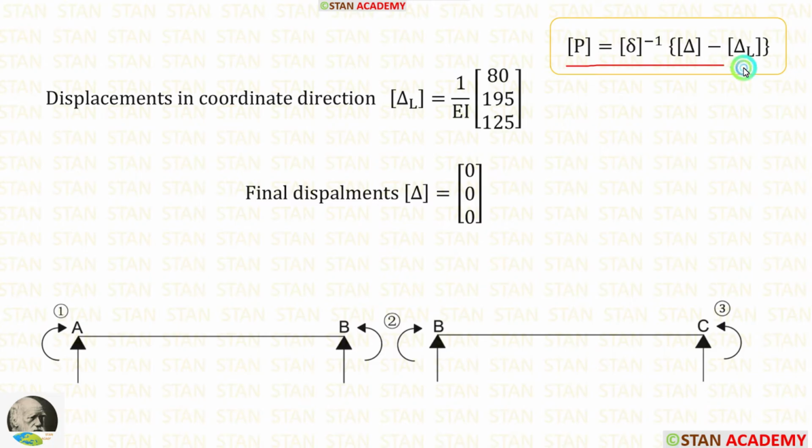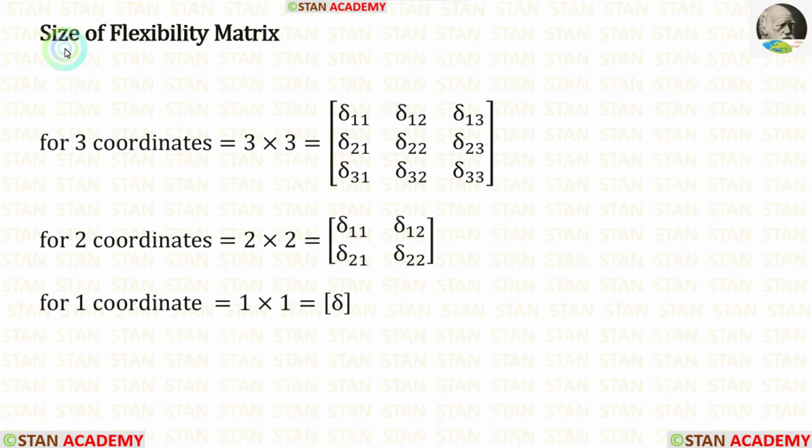In this formula, we have calculated the delta L matrix and the delta matrix. Only one is remaining to be calculated, that is the flexibility matrix. Now let's see how to calculate the flexibility matrix. Now let's see the size of the flexibility matrix.